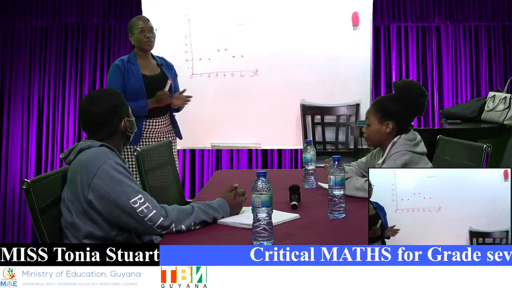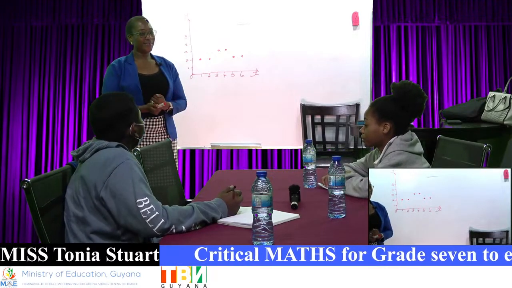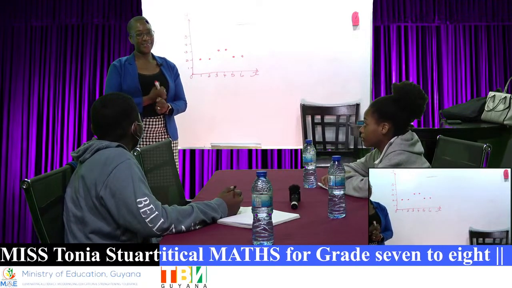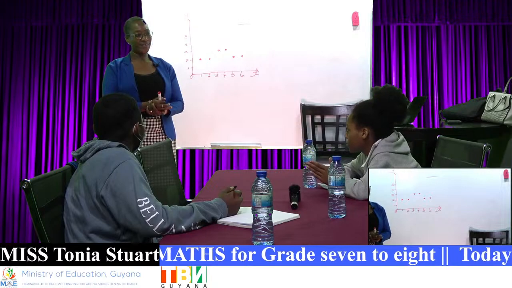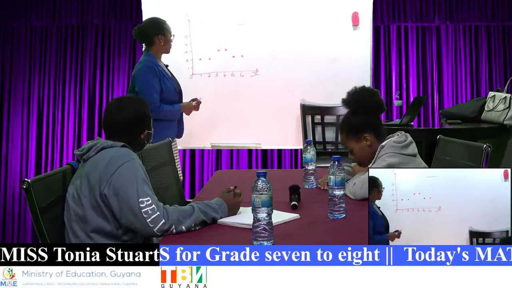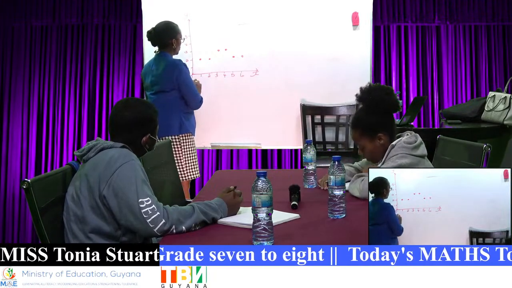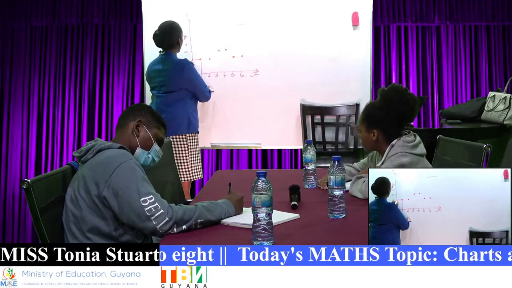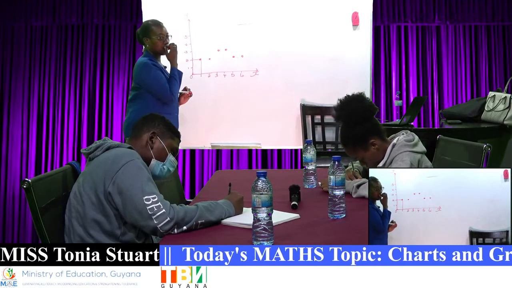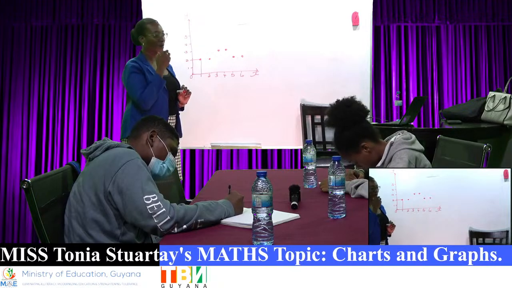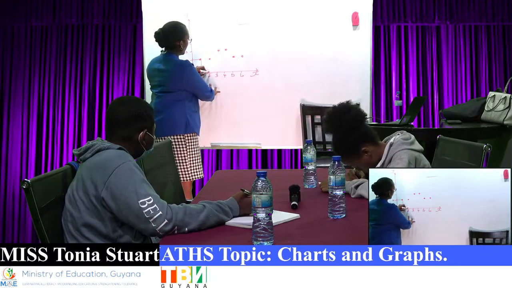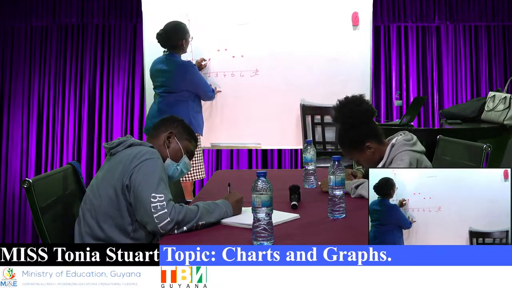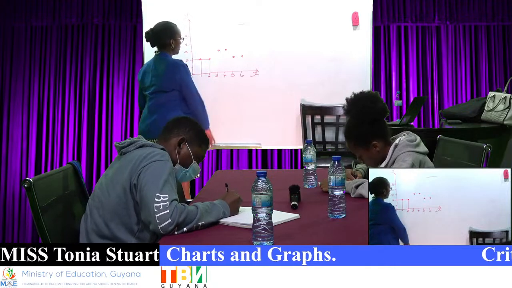Good. What about the histogram? We use bars. Yes, and what about the bars? They're touching. So the first one is 2. So we go up to 2, and we can touch here. The other one is 2, up to 2, touch.